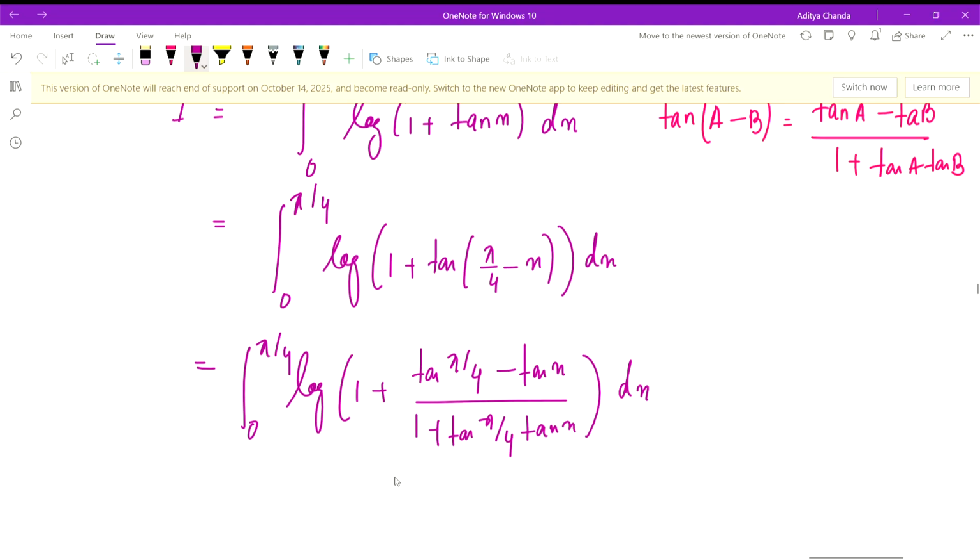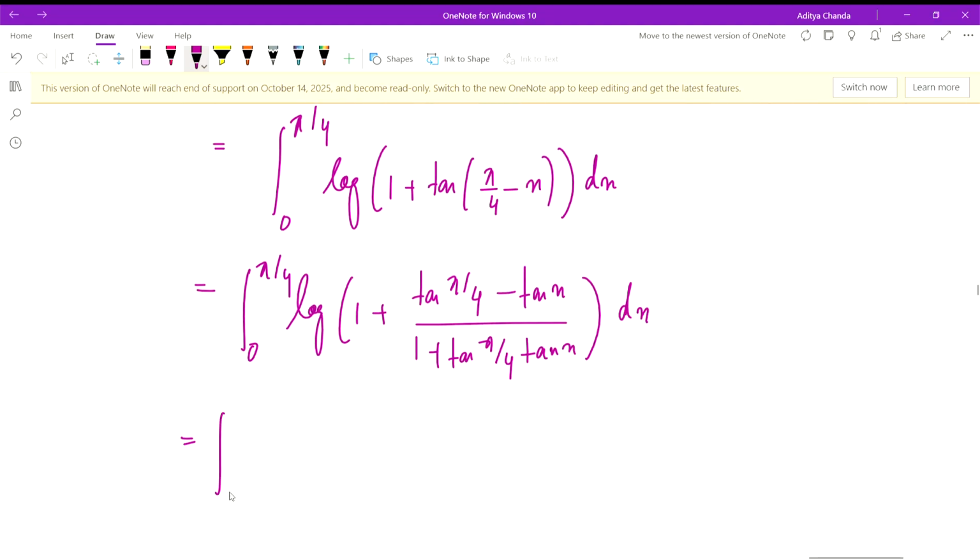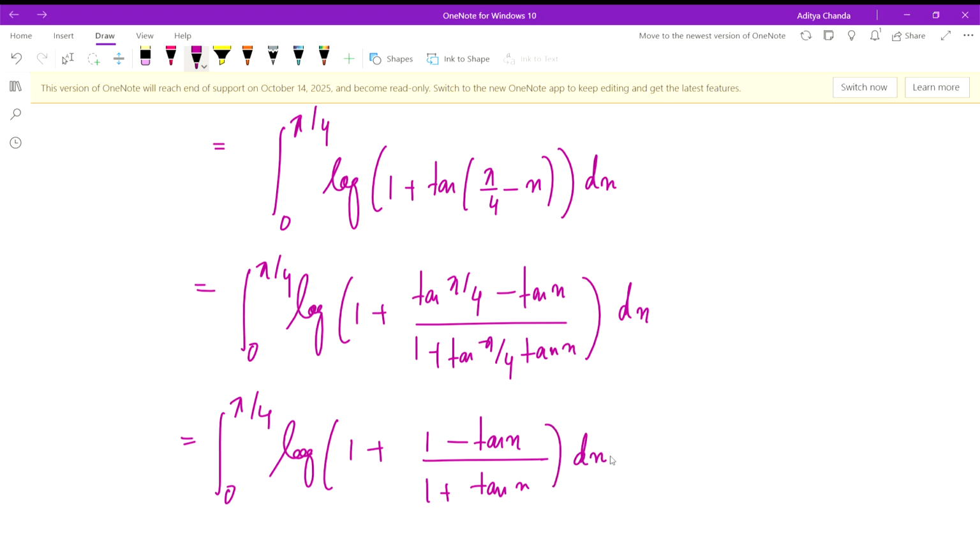If you see, this is 0 to pi by 4 log of 1 plus, what is tan pi by 4? It is simply 1. Over here you have 1 plus tan x, and dx.